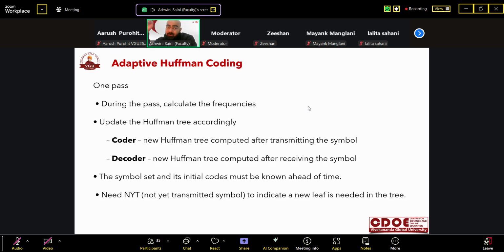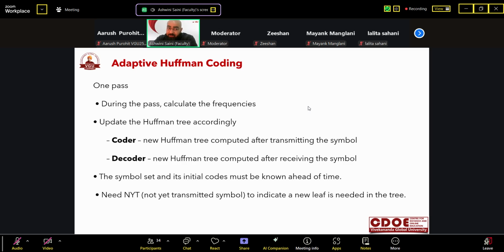So, an overview of how adaptive Hoffman coding works. Initially the code book is empty. As symbols are encountered in the input data stream, they are encoded using the current code book.